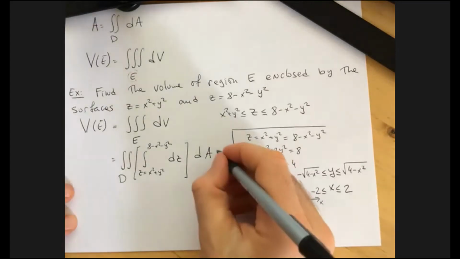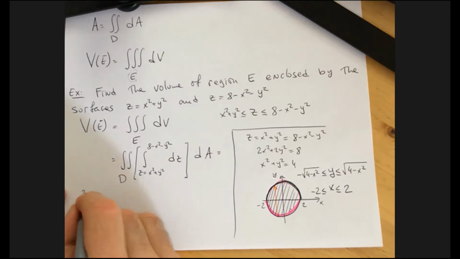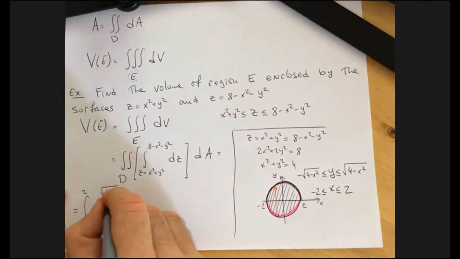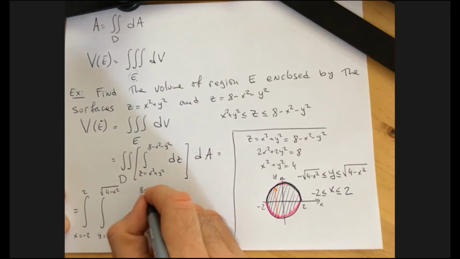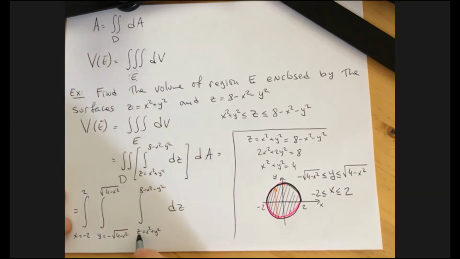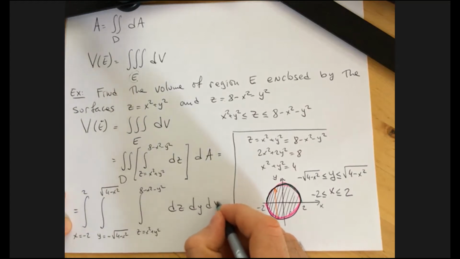Okay, so this triple integral finally is going to be, well, x goes from -2 to 2, y goes from negative square root of 4 minus x squared to square root of 4 minus x squared, z goes from x squared plus y squared to 8 minus x squared minus y squared. dz, first I'm integrating with respect to z, then with respect to y, then with respect to x.